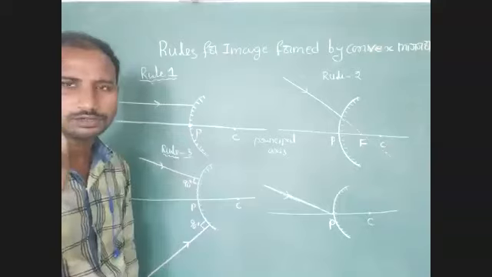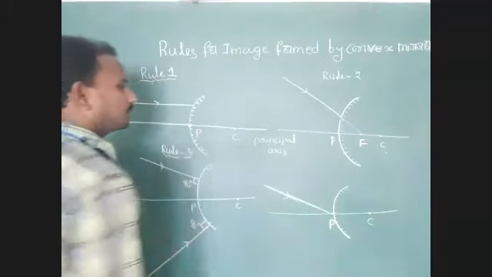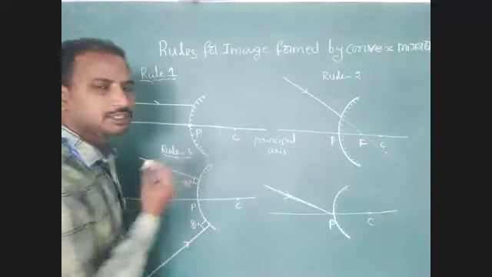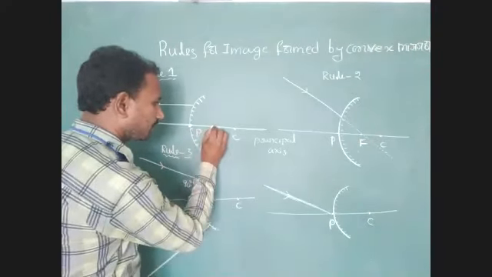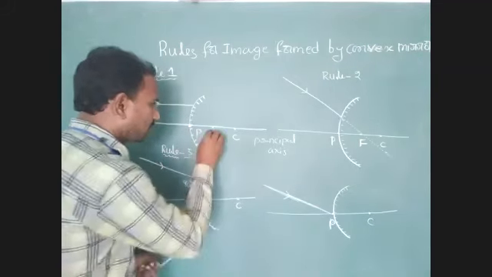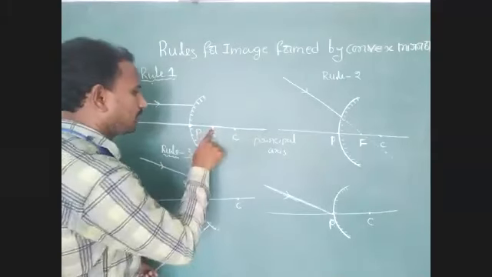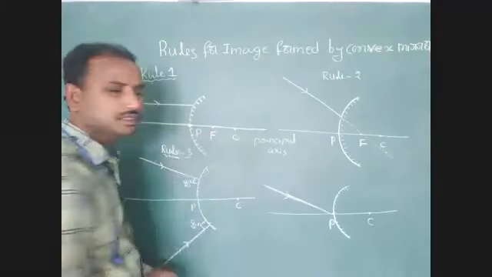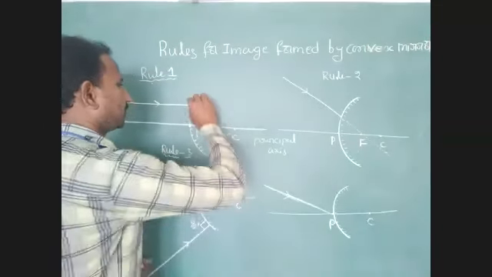It is not passing through the principal focus. Here, the reflected ray appears from the principal focus. Where is the principal focus point? Here, consider that the principal focus point is between the pole and the center of curvature. Yes or no? We have to identify that the principal focus is exactly at the midpoint of this P and C. Yes or no? Now we have to represent that reflected ray.